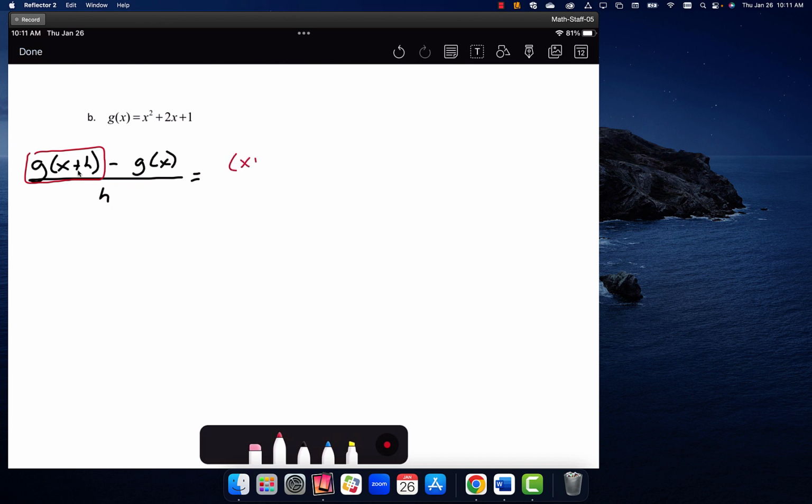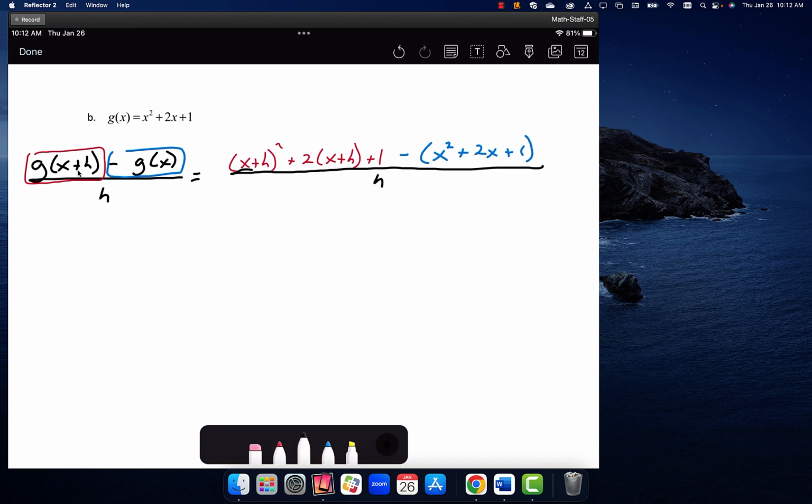So we have x plus h squared plus 2 times x plus h plus 1. Then we need to subtract g of x. So we're going to subtract in parentheses, just copy the original problem. Make sure you put it in parentheses so we remember to distribute the negative sign. All of that is over h.